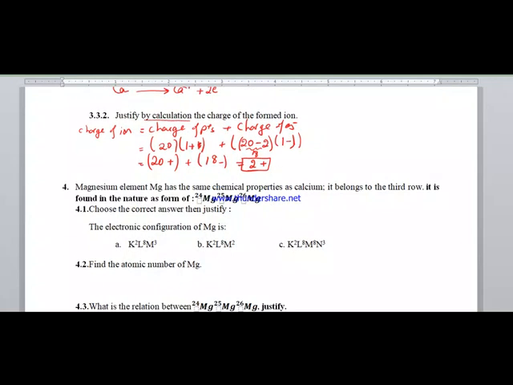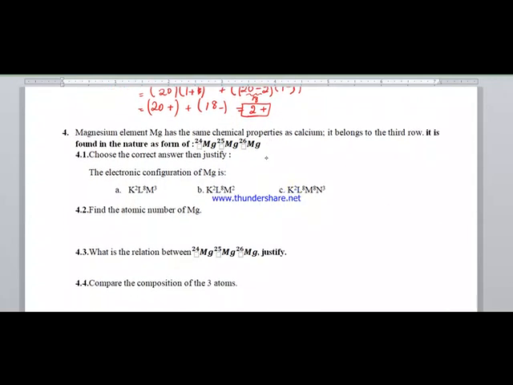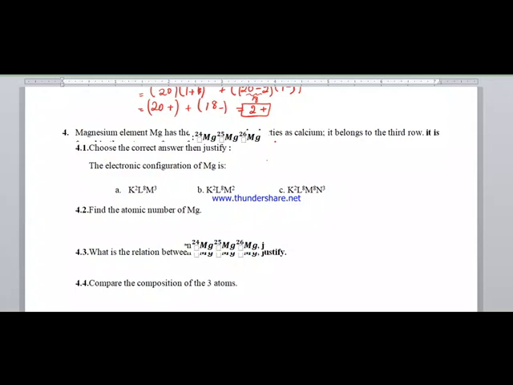Part 4: magnesium atom has the same chemical property as calcium.